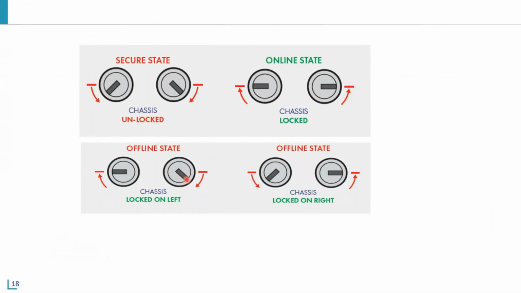If one key is rotated, it is offline, or if the other key is rotated, offline again. Any one, either left rotated or right rotated, is offline. If both of them are rotated, it is the secure state. So remember this diagram: online, offline with any one of them rotated, both rotated is secure.